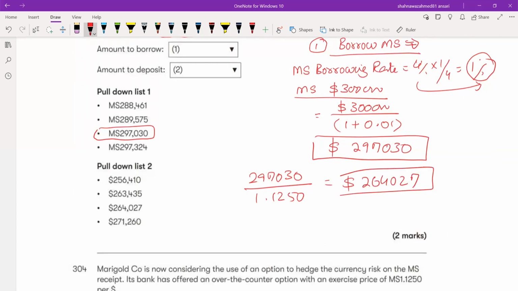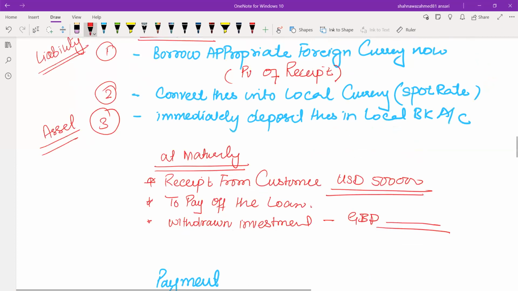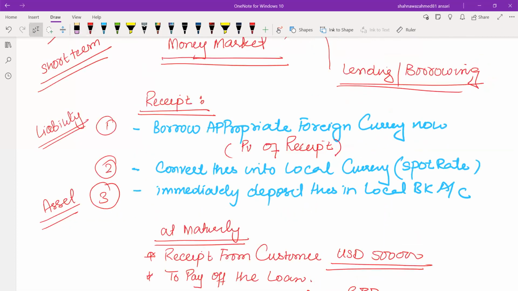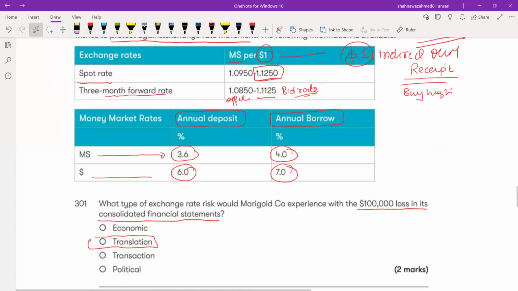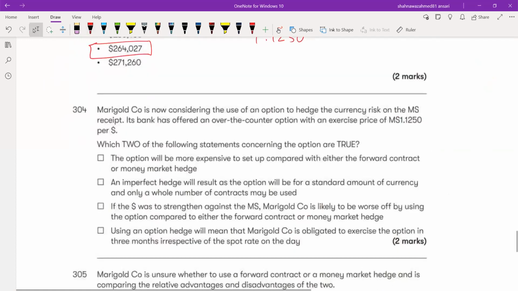This we need to deposit now. In money market hedging, it's very important to correctly identify the deposit and borrowing rate with the exchange rate, and it's advisable to just memorize these steps and the calculation. Then you will be able to properly solve this money market hedging question.